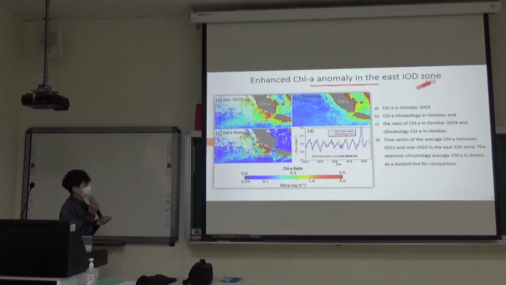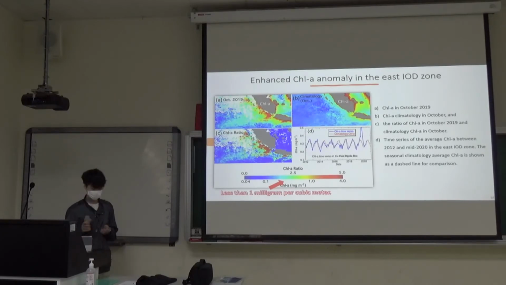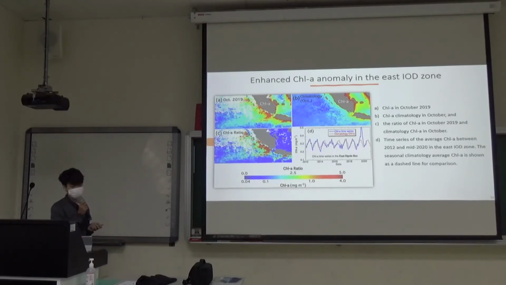The typical climate value along the western coast of Sumatra in the same month was less than 1 milligram per cubic meter. The chlorophyll A ratio to climatology in October 2019 clearly shows that there was a large amount of phytoplankton reproduction, and the ratio reaches 4 to 5.